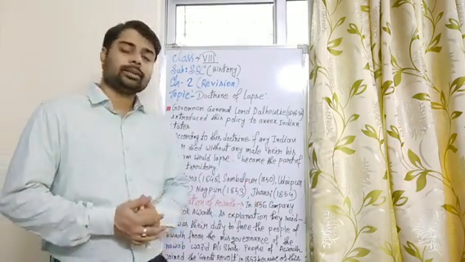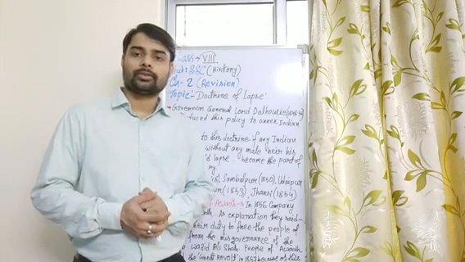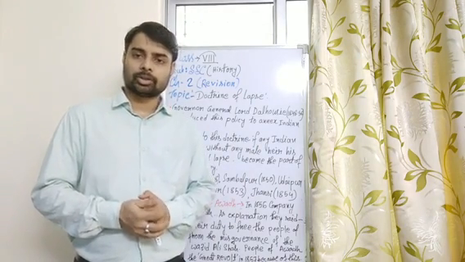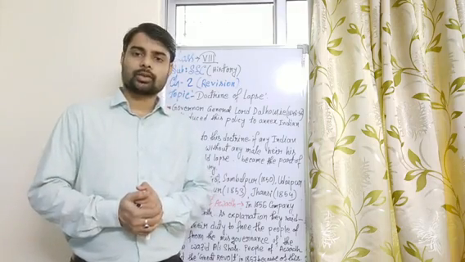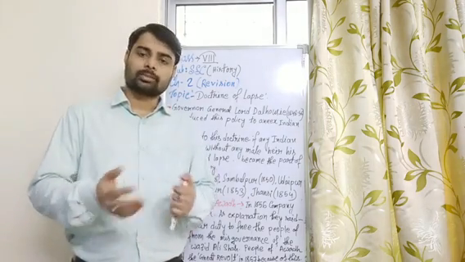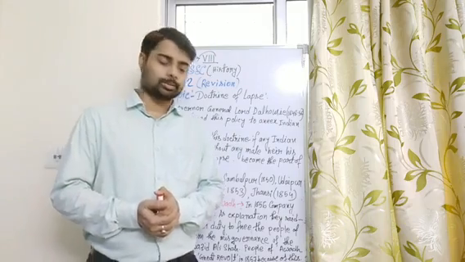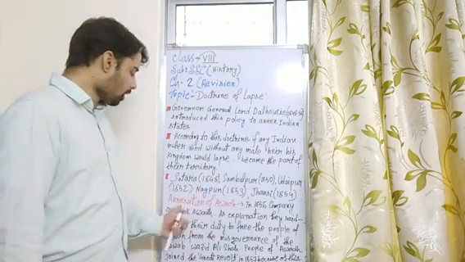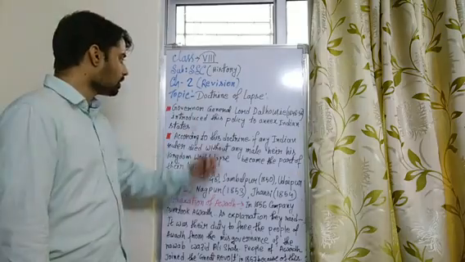The adopted son of the Rani of Jhansi, Damodar Rao, was sent to Indore with a pension, and he spent the rest of his life there. Now, this is the Doctrine of Lapse.